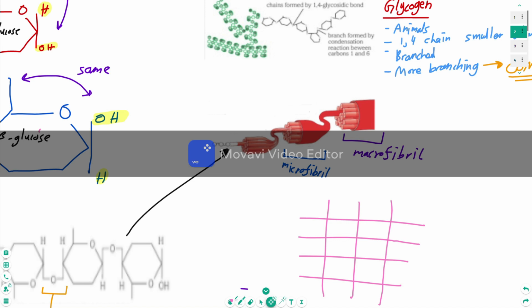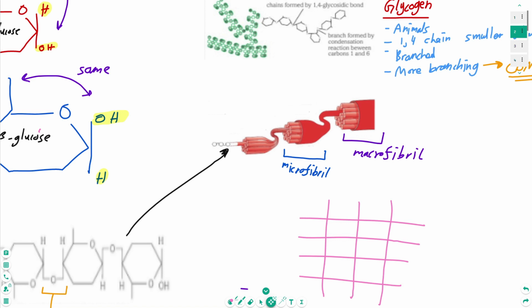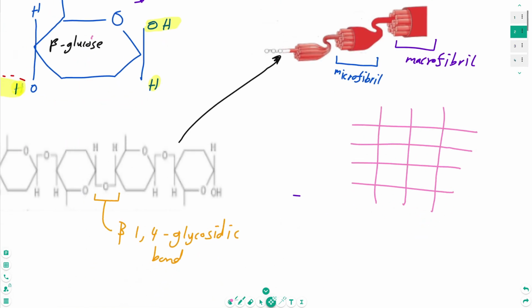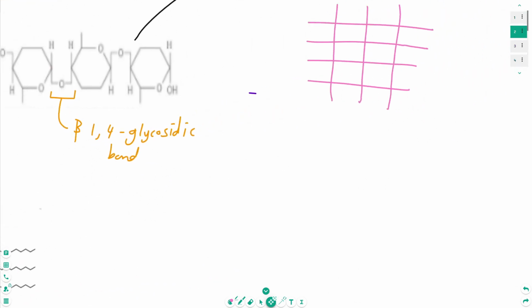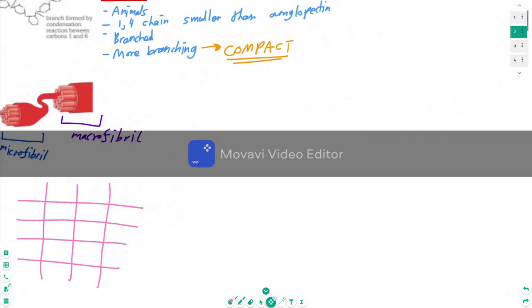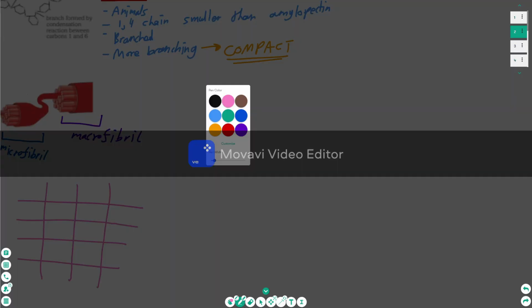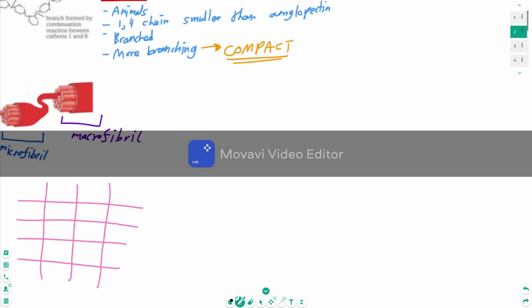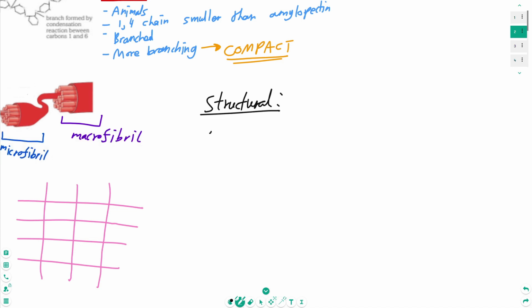There are other structural cell walls that we need. So bacteria, I'm not going to go into it fully now, but I'll go into it a little bit more. So structural polysaccharides: we have cellulose in plants, as I just mentioned. We have other ones such as chitin.